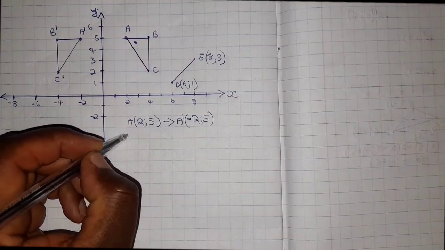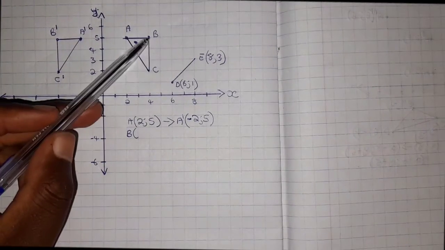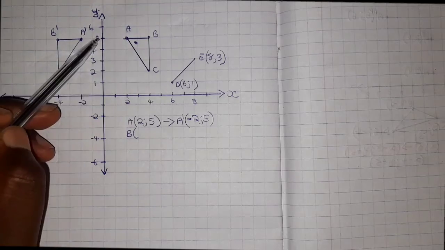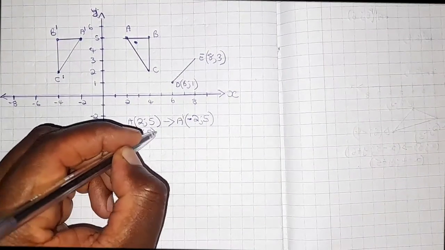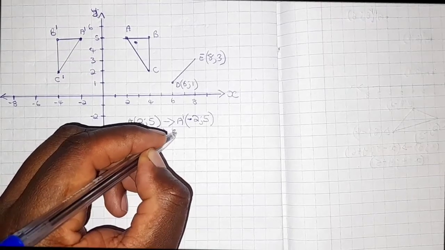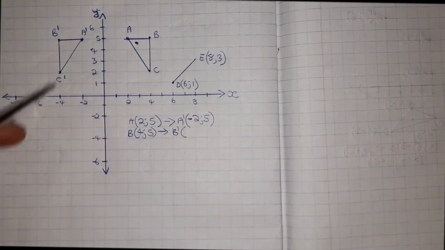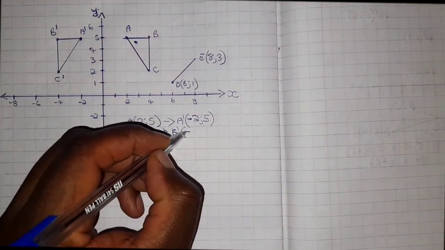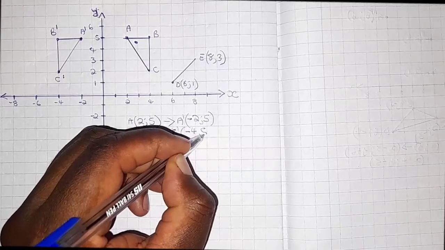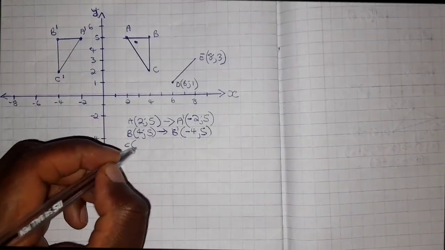And then we have B. The coordinates of B is (4, 5), and then B has been mapped onto its image, the coordinates of which are (-4, 5). And then C also.